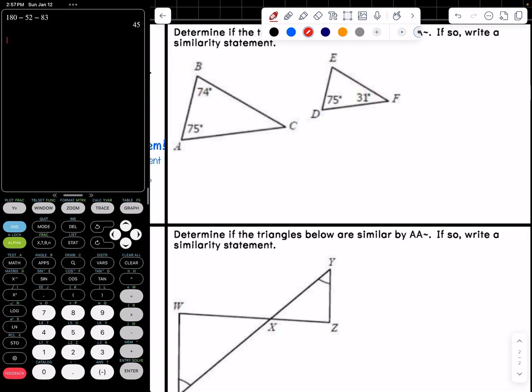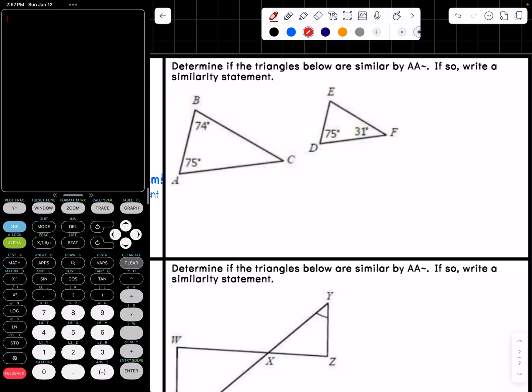So we can use that information when we're determining if triangles are similar by angle-angle similarity. So in this case, we have triangles ABC and DEF. And essentially, we need to prove that either angle C equals 31 degrees or angle E equals 74 degrees.